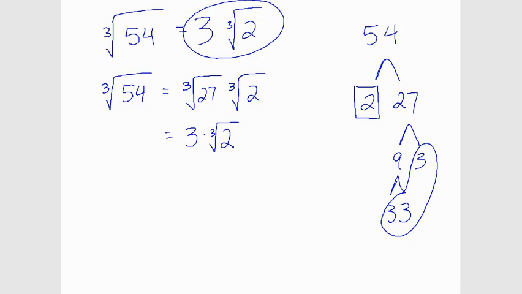So you would have to memorize some perfect cubes. If it was fourths, you'd have to memorize some perfect fourths, and so forth and so on. This takes the guesswork out. If it was a perfect 4th we were looking for, we'd use a group of 4, and so on.